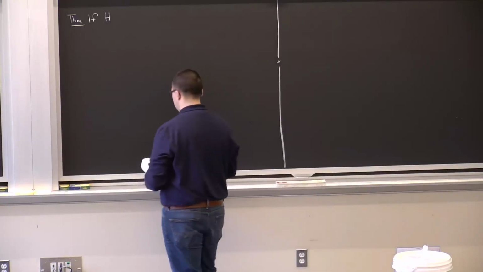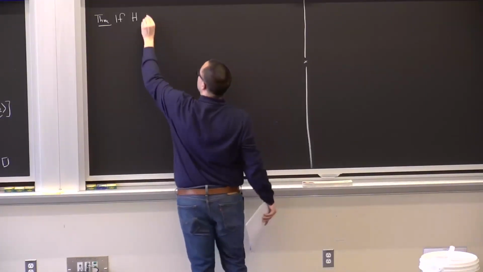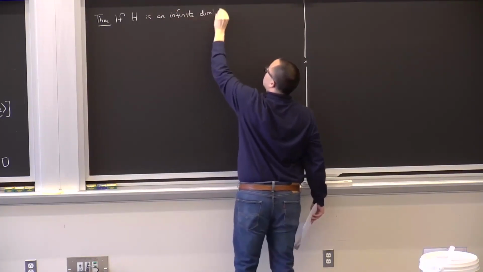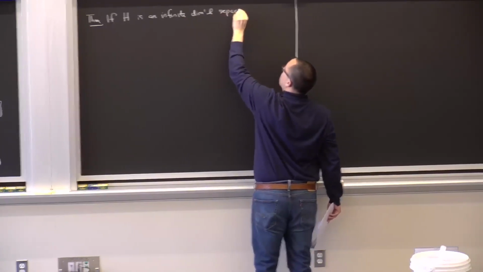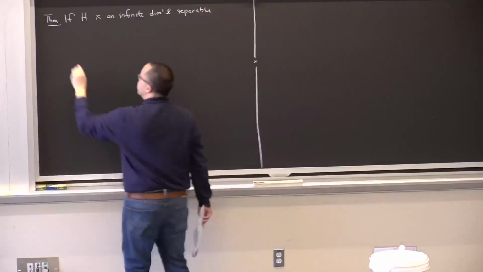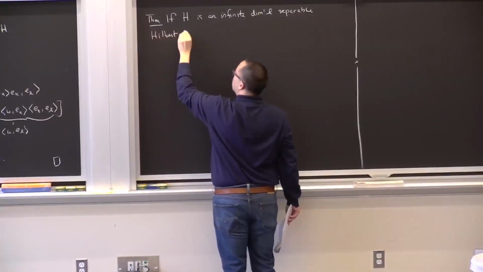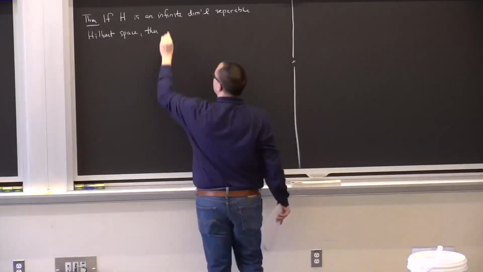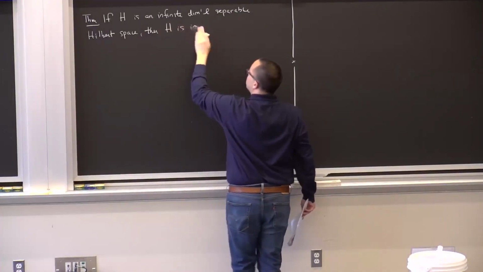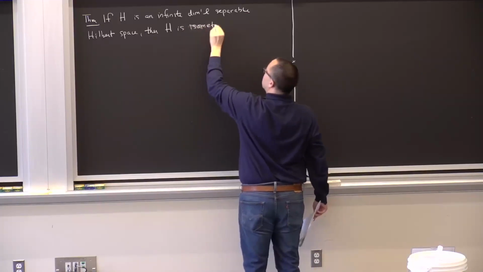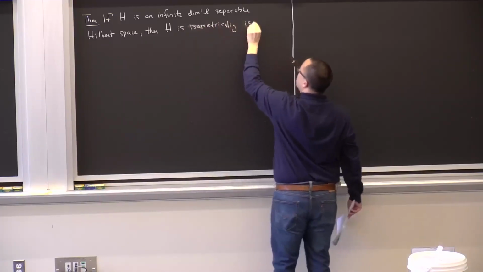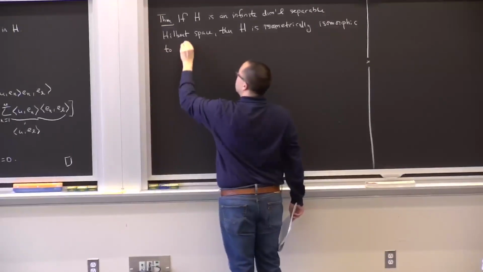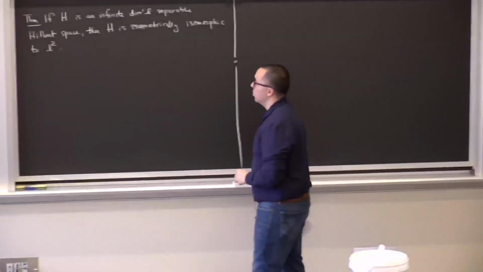So I'm just going to state the infinite dimensional version. If H is an infinite dimensional separable Hilbert space, then H is isometrically isomorphic, and I'll spell out what these words mean, to little l2, meaning what?